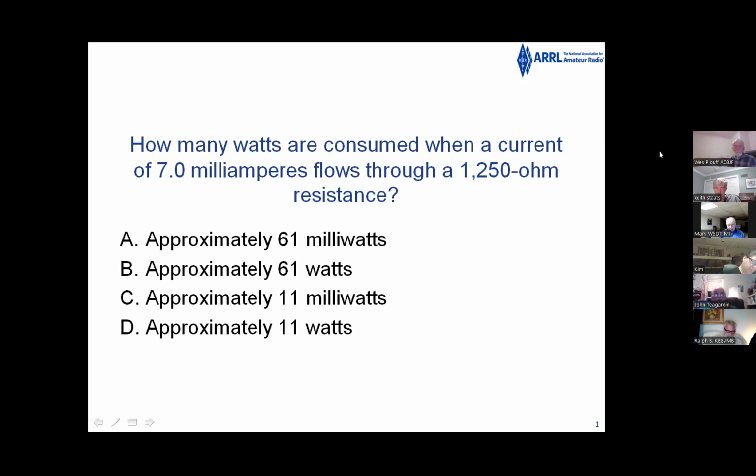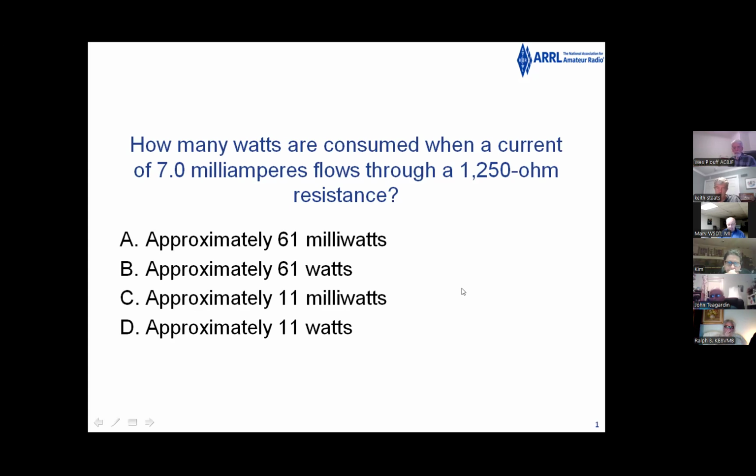Well, let me talk about it a little more. If a number is less than one, when you square it, it gets smaller, as opposed to if it's greater than one, like two, and you square it, it's four, which is bigger than two. But when you square 7 milliamps, it turns out to be 49 something. 49 milliamps? No, I don't think so.